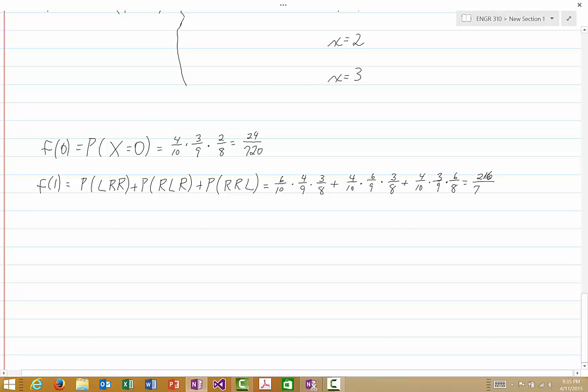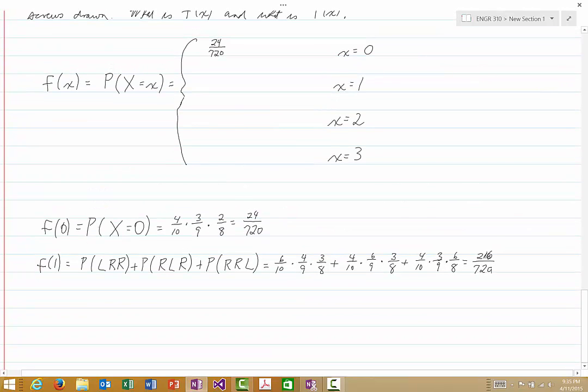And then in the bottom we have 720. So 216 over 720 is the probability that the number of left-handed screws drawn will be 1.